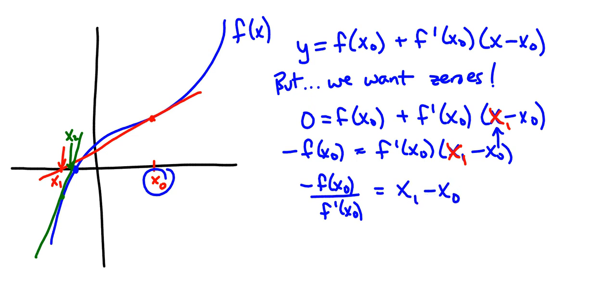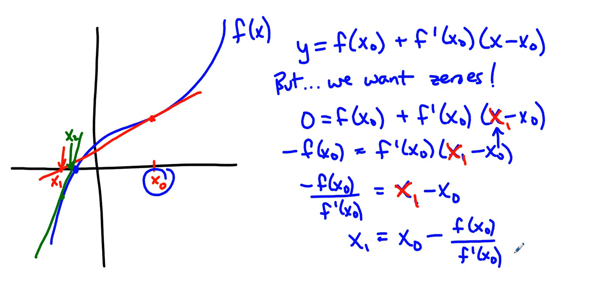And again, the thing that we're looking for is this x1. So how do we get that? Well, we add the x sub 0 to both sides. And so x1 is x0 minus f of x0 over f prime of x0.